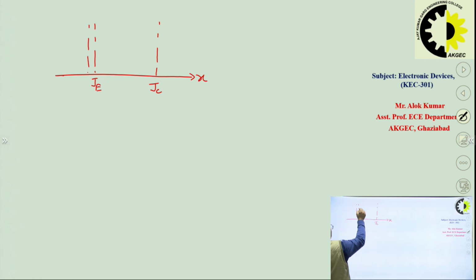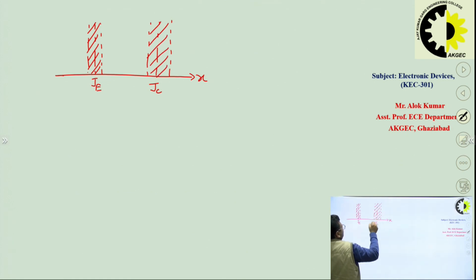Here the width of the depletion region will be very small, and the collector junction is in reverse bias. So, obviously this should be the depletion region on this junction. Now, this is your emitter, base and collector, and this is your PNP transistor.